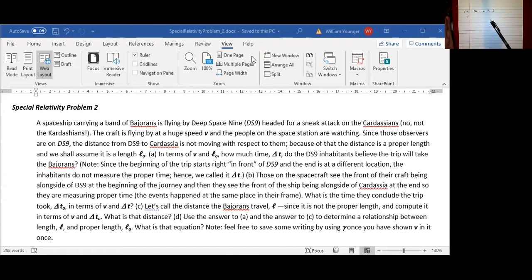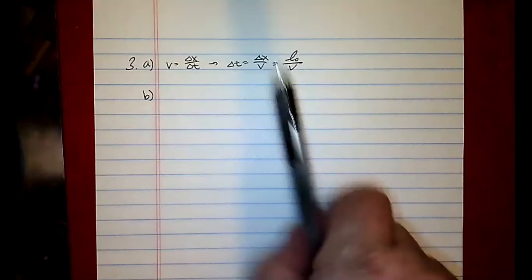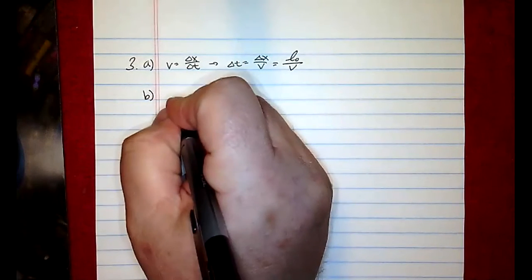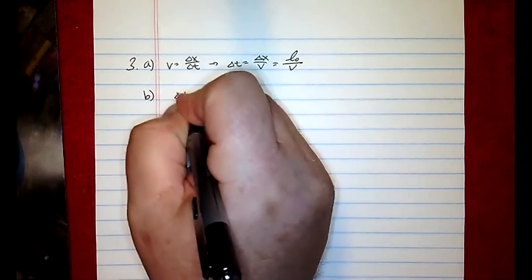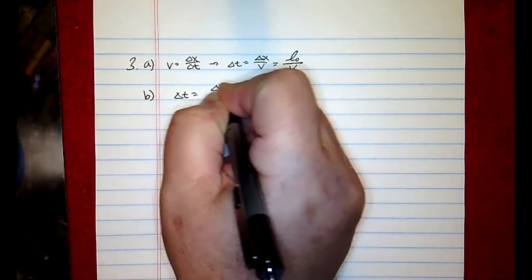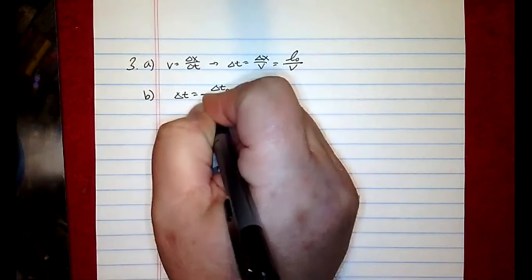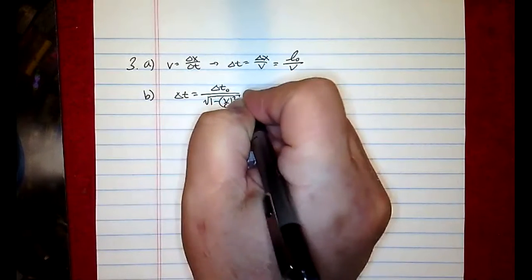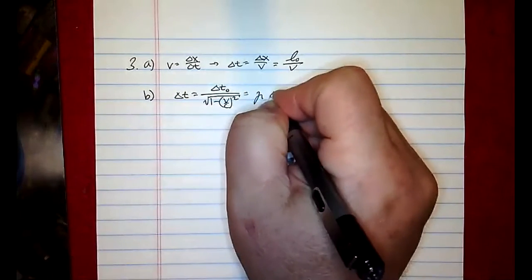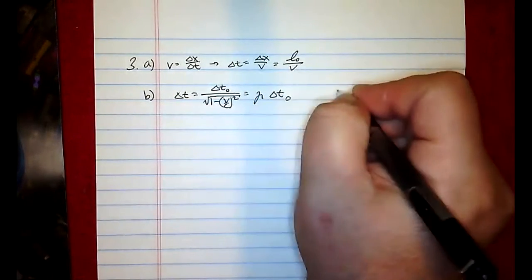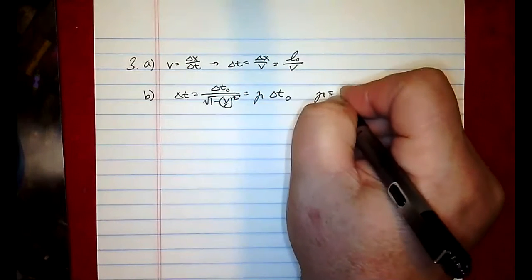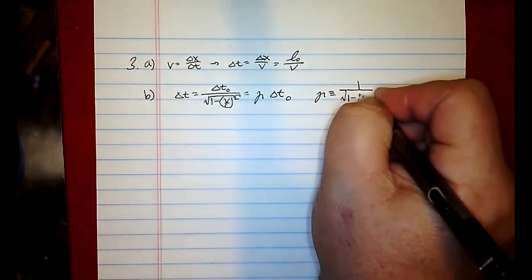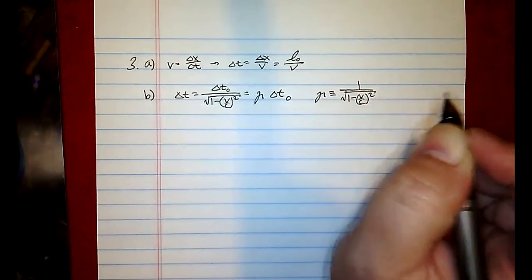So I'm going to stop sharing again. And in part B, again, we're trying to find the proper time. And we know that delta t is equal to delta t0 over the square root of 1 minus v squared over c squared, which is also equal to gamma times delta t0, where gamma is defined to be 1 over the square root of 1 minus v over c quantity squared.